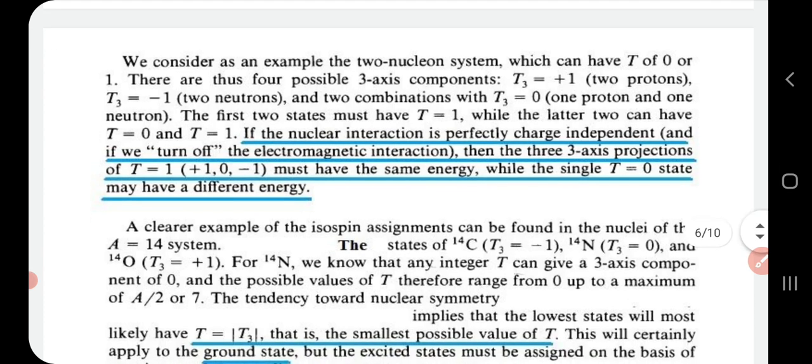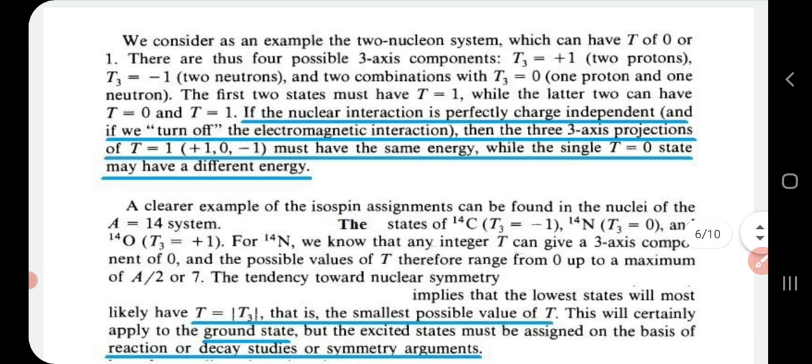Now another fact about isospin is that if the nuclear interaction that we are considering is charge independent, then the three axis projections of T equal to 1, which are the three projections plus 1, 0 and minus 1, will have the same energy, whereas the single T equal to 0 state will have different energy.